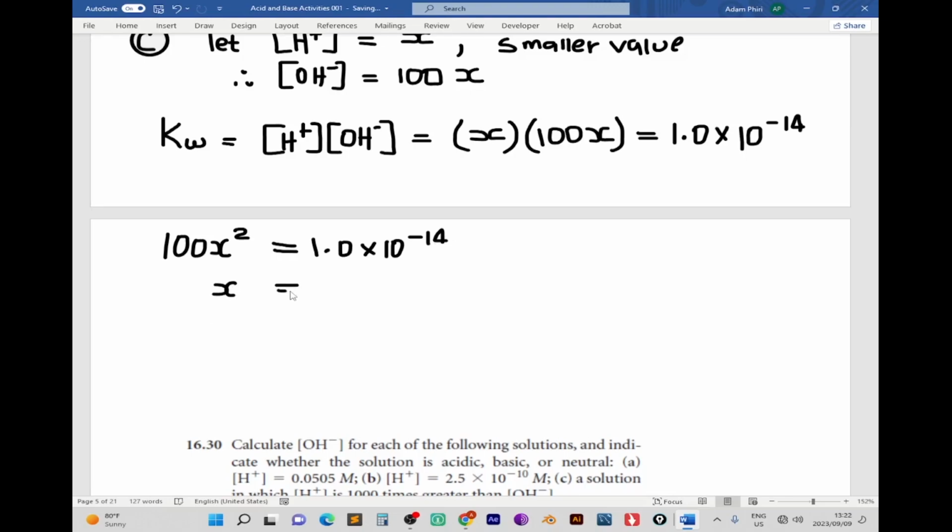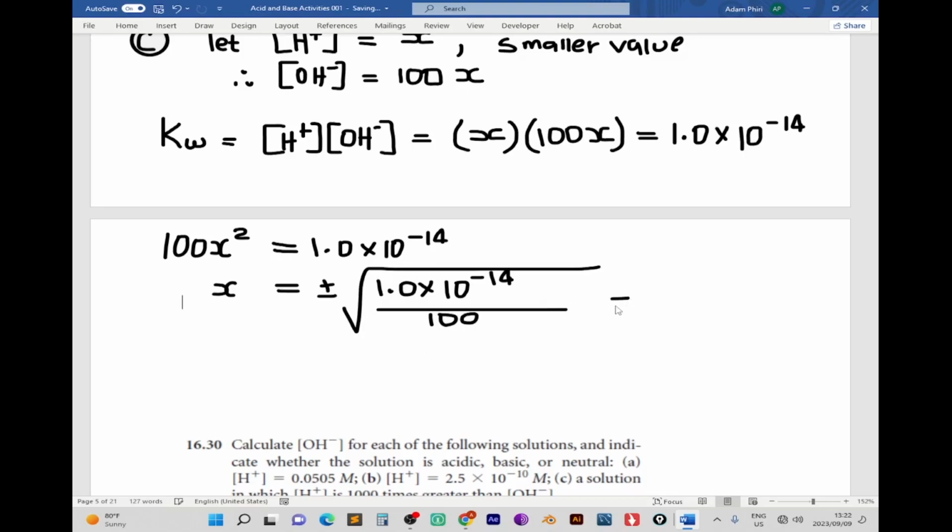And then we solve for X. It will be our right hand side, 1.0 multiplied by 10 to the power negative 14, divided by 100, and then we take the square root of that answer.